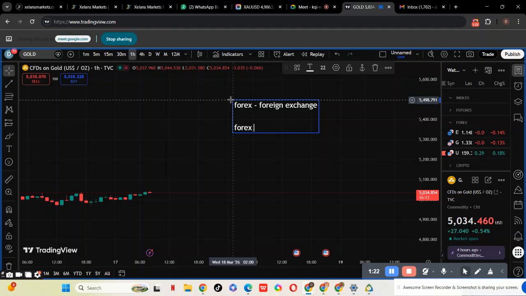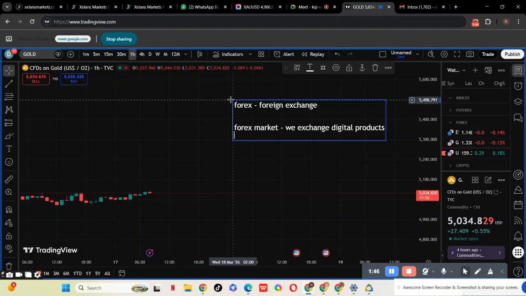That's why we call it the forex market. These are digital markets where we exchange digital products. In our forex market, we don't exchange tangible products.